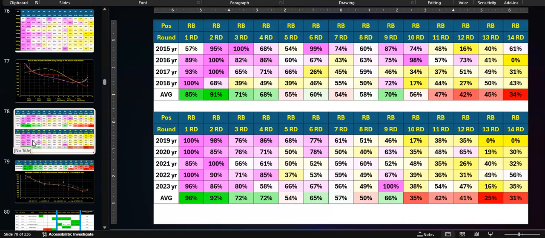So another way to look at this is I split the data up, 15 to 18, 19 to 23. So the last 4 years, what's been going on? So I generated the averages for the 15 to 18 versus 19 to 23. Look at the averages. I mean, there's the trends. Clearly round 1 and 2.